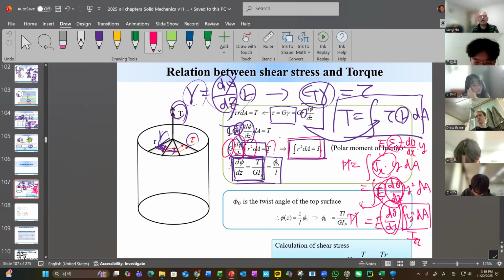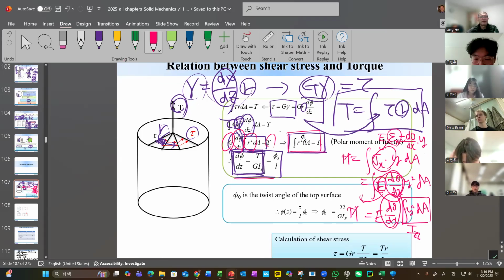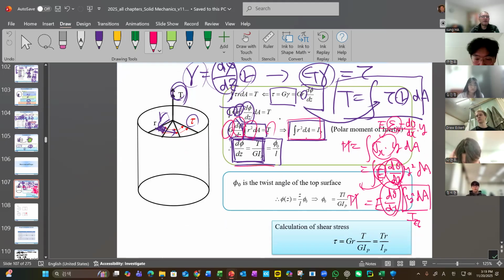So d theta dx was unknown, and then we got the same thing. Okay, and then to take it further, we can simply get theta zero is TL over GIp.